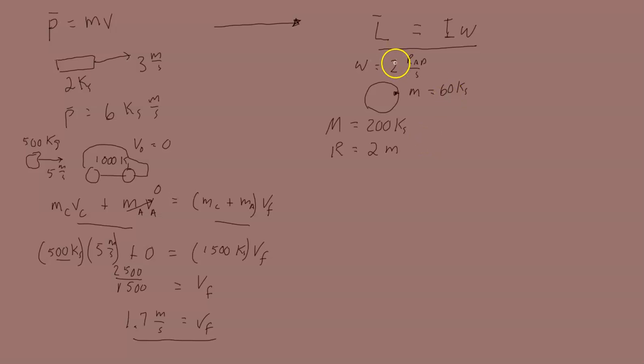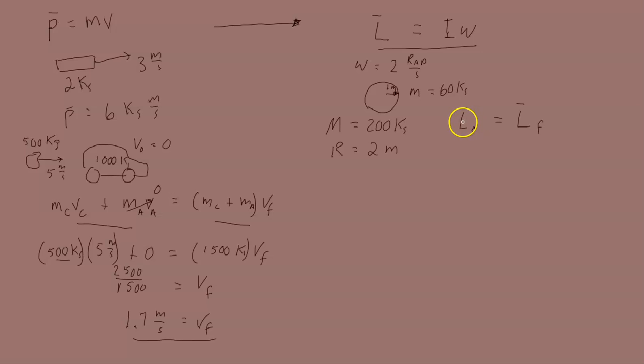So this thing is spinning with the person on it. Then the person decides to crawl towards the middle, to a point 1 meter away. They're sitting on the outside at a radius of 2, and they crawl towards the middle to 1 meter. Since we know that angular momentum is conserved, the angular momentum before the person crawls is equal to the angular momentum afterwards.